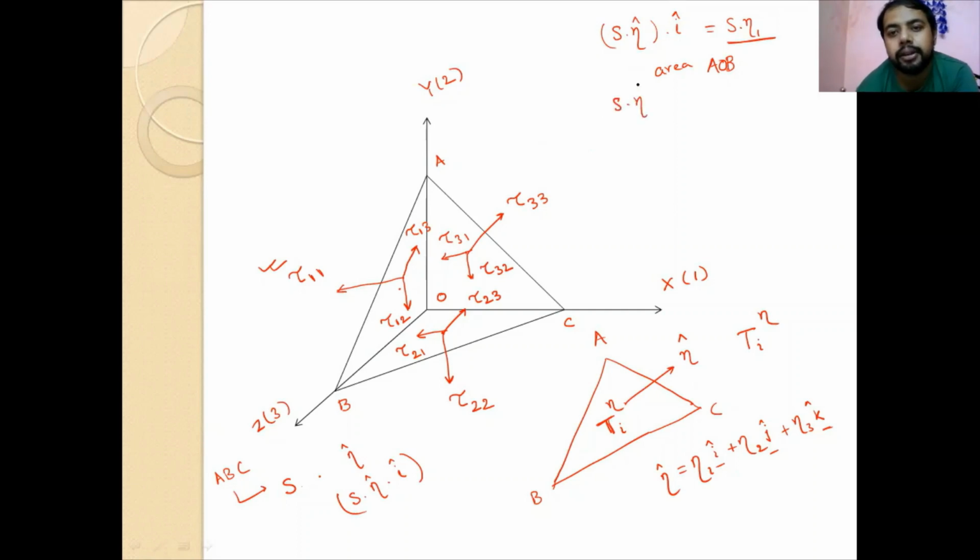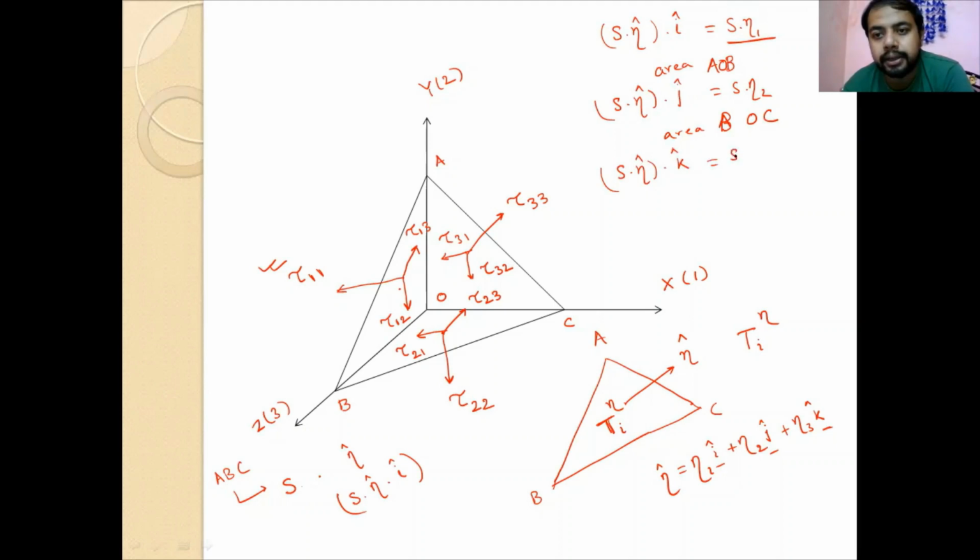Same way, if we do the dot product with the z-axis, we will get the area BOC. The same way, from the general surface, if you take the dot product with the k component, the projected area we get is area AOC.